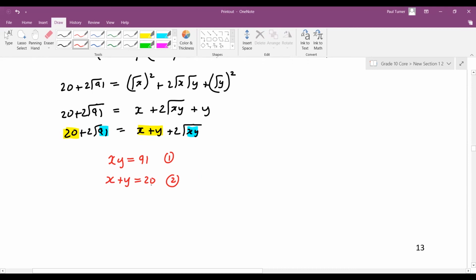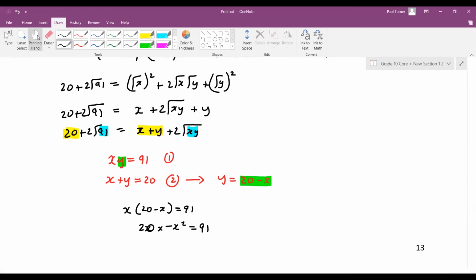So I would take this one as I did in the example, and I could say y is 20 minus x. And then I would substitute that back into this equation here. So that will go in here. So you'll get x(20 minus x) equals 91. So 20x minus x squared equals 91.